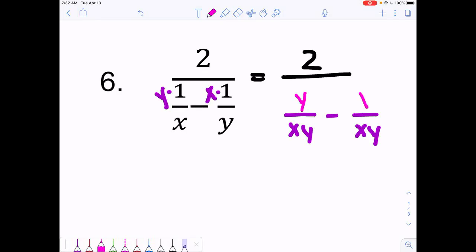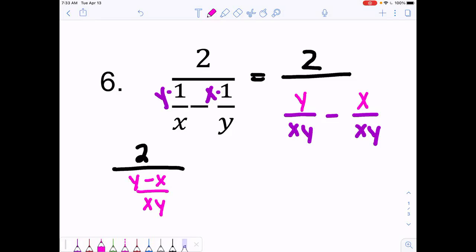So it becomes x over xy. Again, the goal of getting a common denominator is so you can combine them together. So once you place those variables on the top, make sure you perform the subtraction sign, because that's the goal of having a common denominator, so you can actually combine them and subtract. So we still have the 2, but combining the fraction, we have y minus x, and then the denominator was x times y.